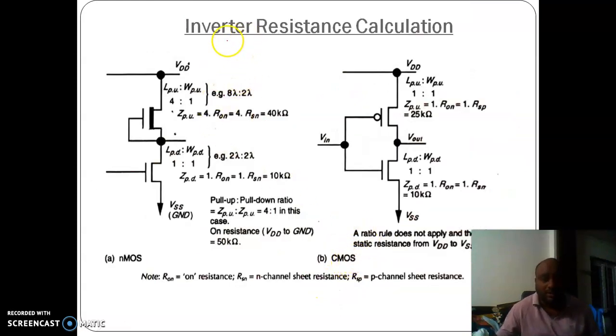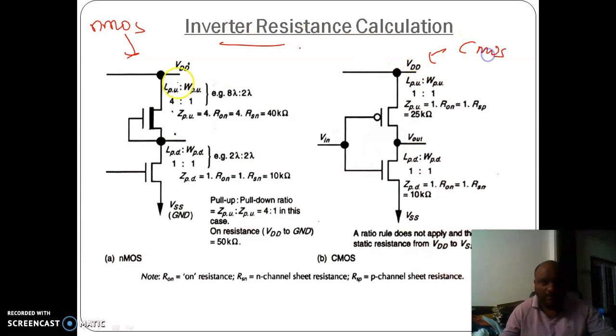Now for the inverter resistance calculation, this is an NMOS inverter and this is a CMOS inverter. In the NMOS inverter, the pull up LPU to WPU ratio is marked as 4:1 and the pull down LPD to WPD is marked as 1:1. This can be 8 lambda to 2 lambda, as we have just seen. So we can regard ZPU as 4.